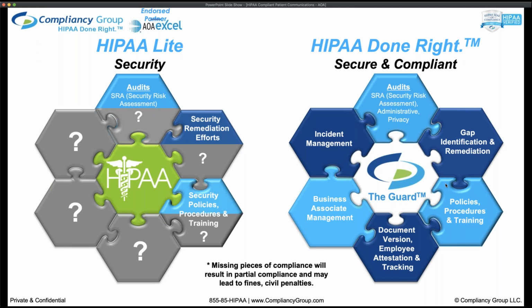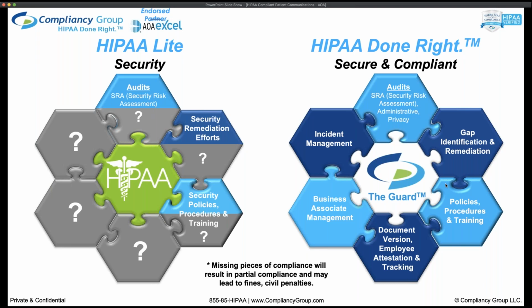Now, what is required to be properly HIPAA compliant? When HIPAA is done correctly, there are 6 audits that are required every year. To summarize them, they are security risk assessments, administrative risk assessments, and privacy risk assessments.